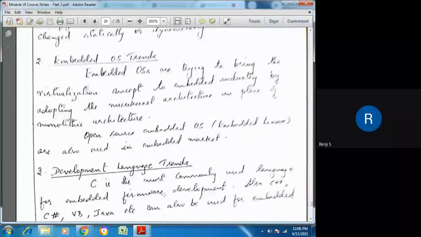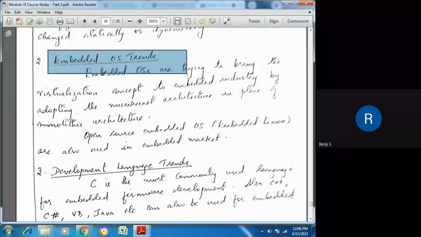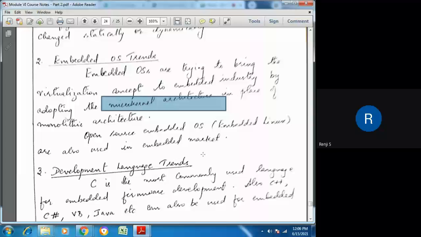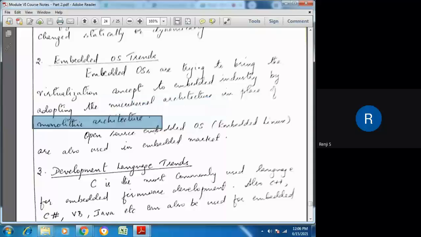The second trend is embedded OS trends, the operating system trends. Mostly the changes that happen in operating system are to implement the virtualization concept into the embedded industry. This happens with the help of microkernel architecture, which we had studied earlier in fifth module, the monolithic kernel and microkernel architecture. Microkernel architecture is more suited for embedded system development than monolithic architecture.